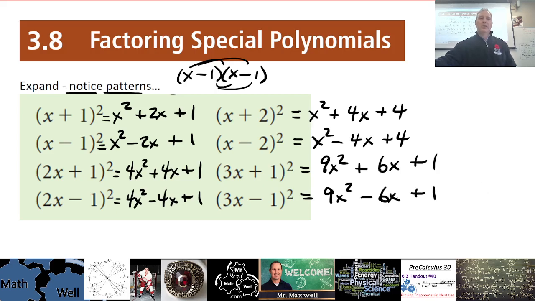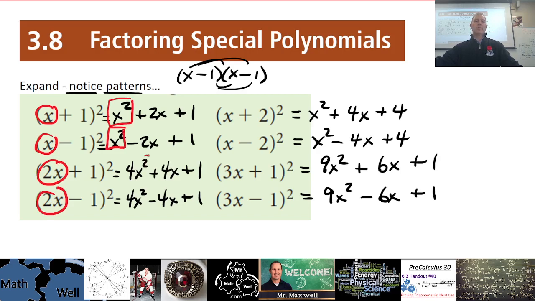All right. So what we want to do is we want to notice some patterns here. We want to notice some patterns, and we've already started to notice the patterns there at the very end. But notice that the first term, whatever it is, when you expand this, always gives you a term that's squared. That's that term squared, okay? It makes sense if this is a squared thing. So the first term is always squared.